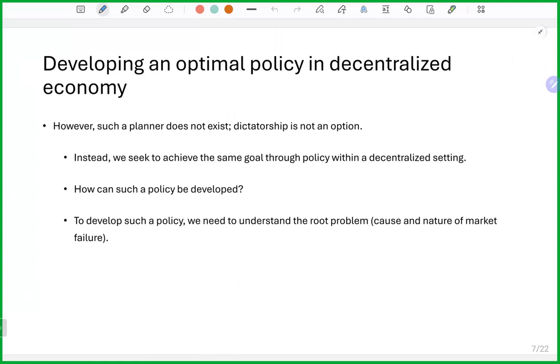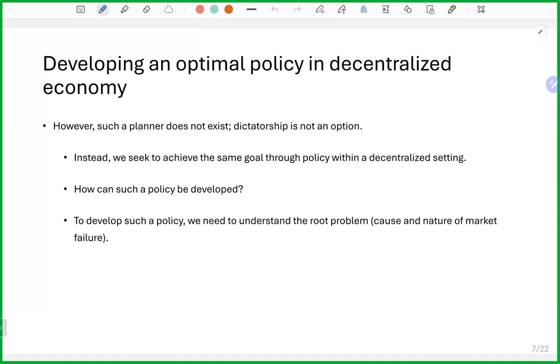Decentralization means that there is no central planner. We have to admit that there should be no plan. We are living in a free, democratic economy, so dictatorship is not an option. Instead, we seek to achieve the same goal through policy within a decentralized economy.